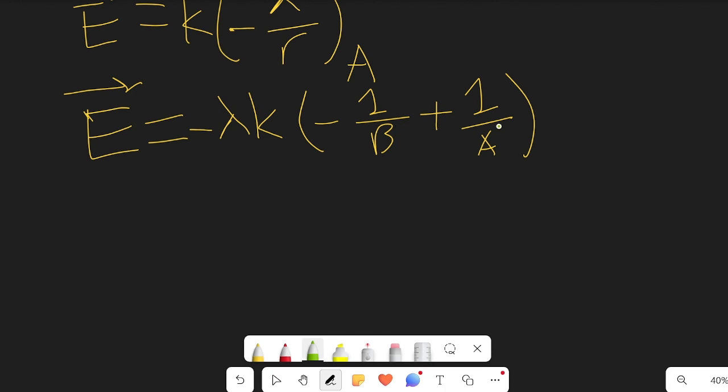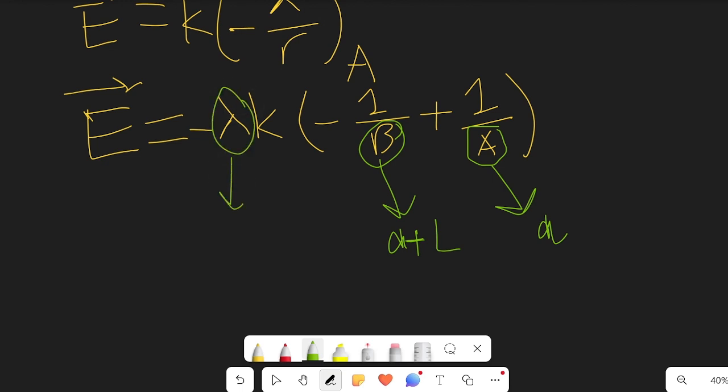Let's start with A. A is simply the distance A from the point P. Point B was at the end of the rod, so this will be A plus L. And the linear charge density will be equal to the charge, positive Q, divided by the length L.